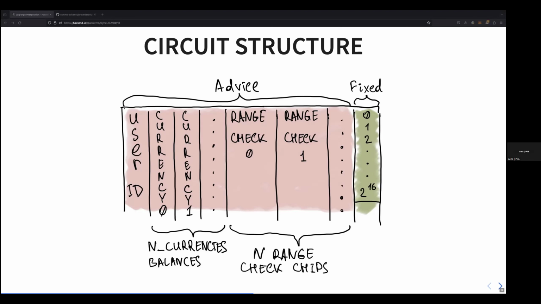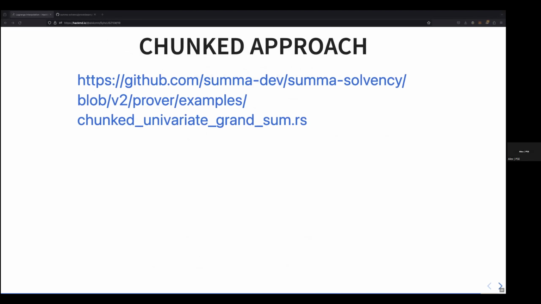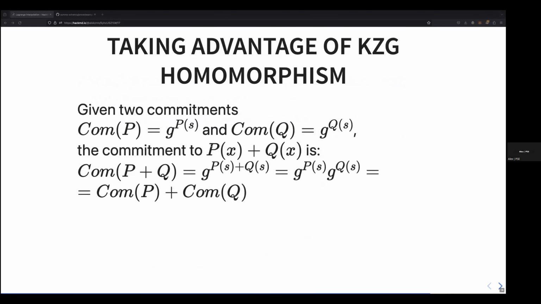So according to the KZG homomorphism, what we need to do is to sum those individual KZG commitments to those 10 chunks to obtain the resulting KZG commitment that looks the same as if we actually first added all the polynomials together.